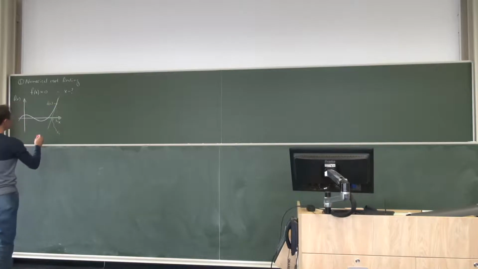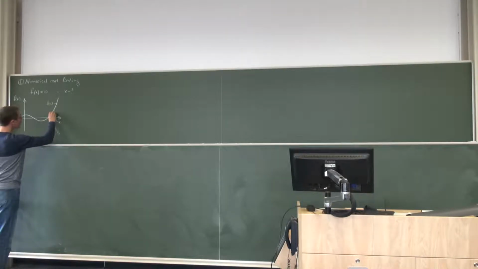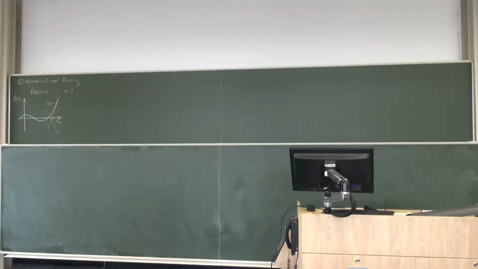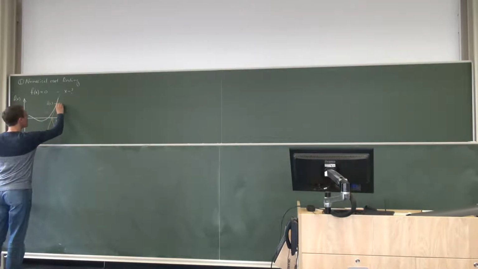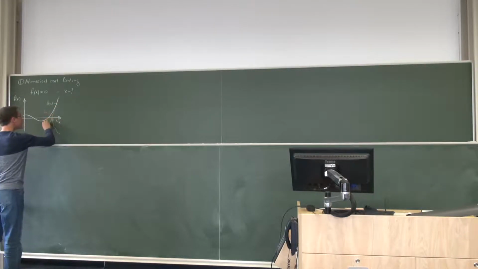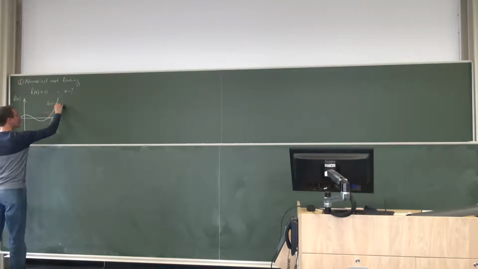So this x1 here, that's its location, and that is x1. We will draw another tangent line, but at the new point. There's a red line. Our second tangent line like that.